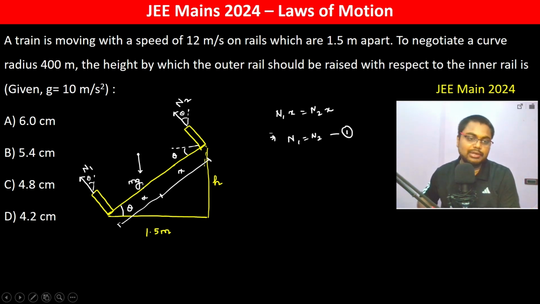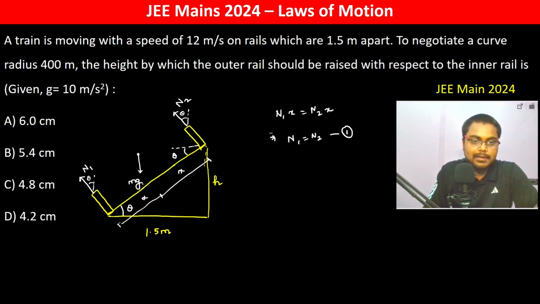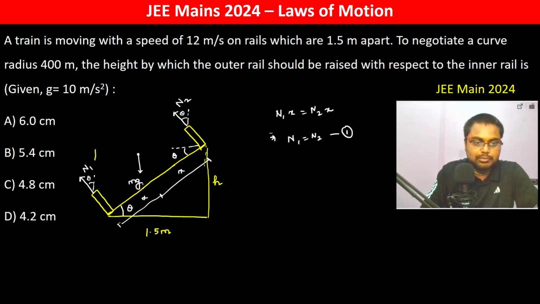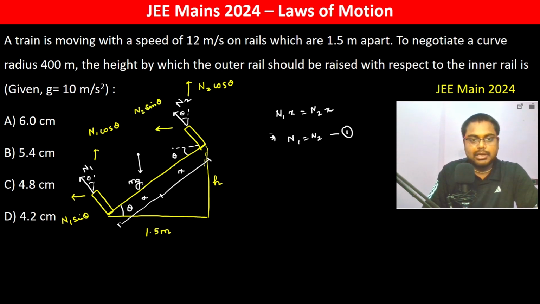That's first thing. Now going ahead, if we see here, then these normal reactions, they have to be broken down into components. So above it's going to be n2 cos theta, here also it's n1 cos theta, and in this direction it is n1 sin theta, and here it's n2 sin theta.